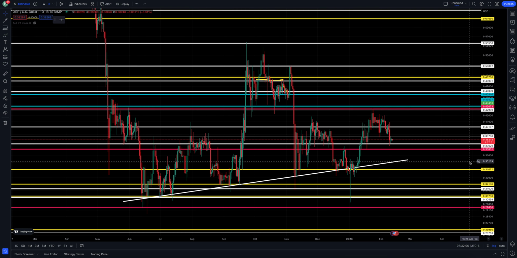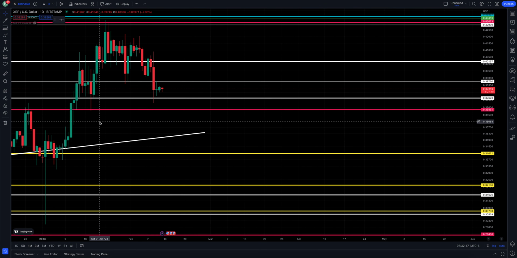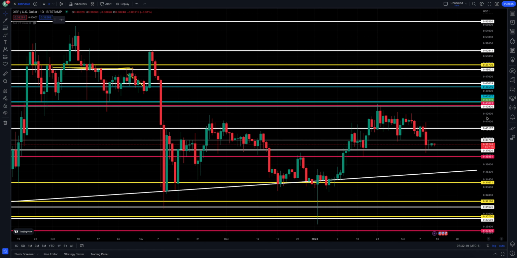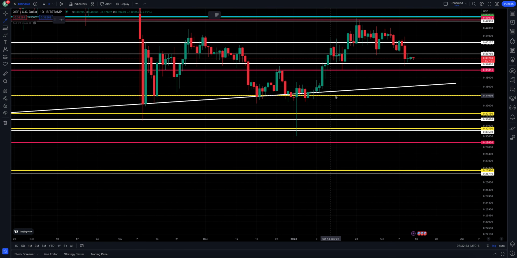We could see something like this take place, and we actually saw it right here on the 2nd of January. That was a super nasty day. We were buying up XRP on that day. I remember it crazy vividly, but we had a crazy move to the downside, and it went through a bunch of our levels.